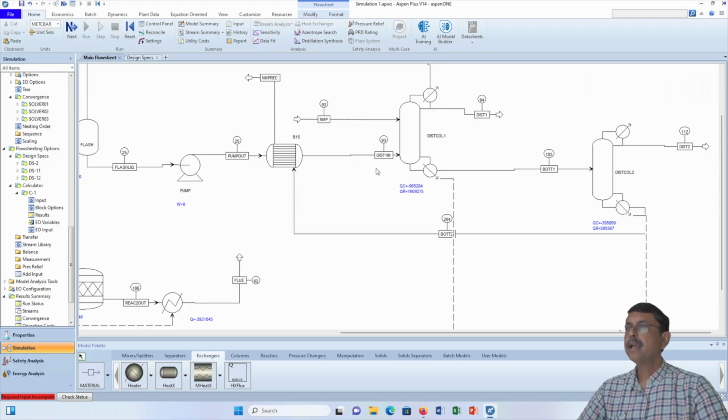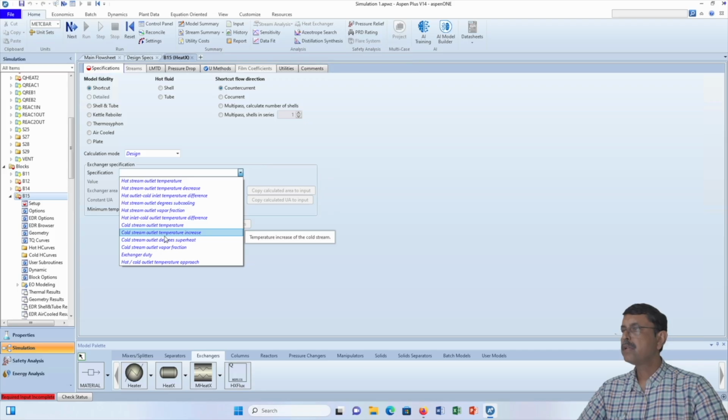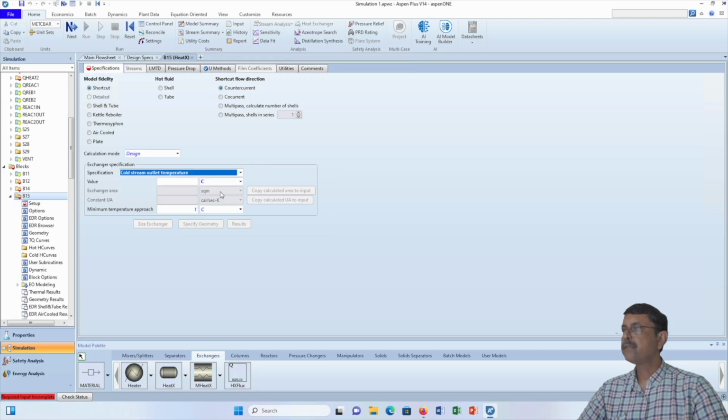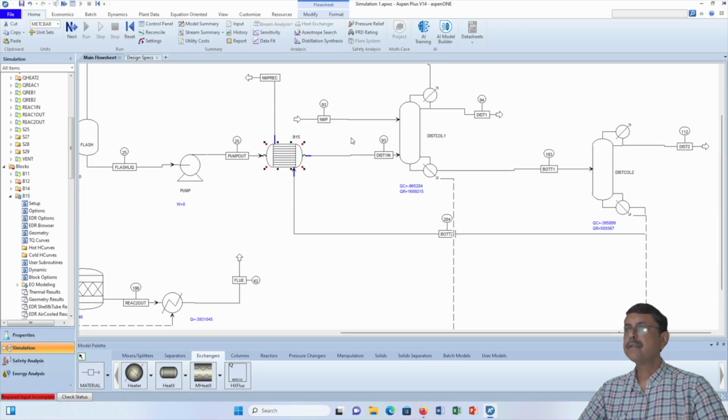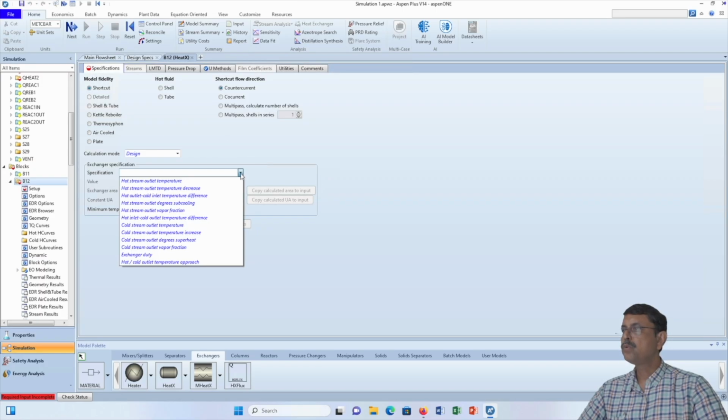Okay. Now here we have to set the design temperature, which is cold stream outlet temperature. It is 93 degrees centigrade. Okay. So we have set it as it is. And here again we have to set it as 220 degrees centigrade.